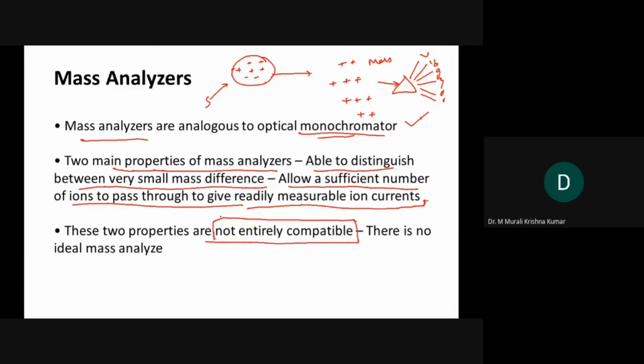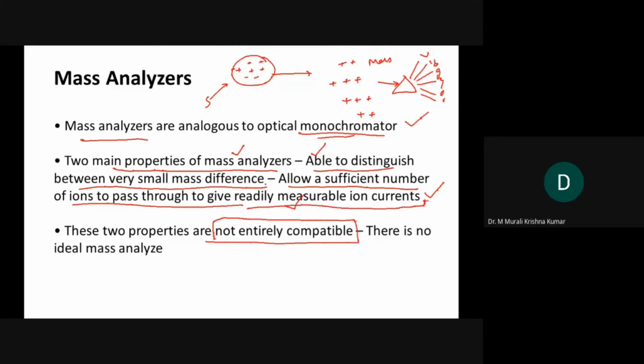So we have different types of analyzer sections. The interesting thing is you don't need accurate mass and quick scanning all the time. Sometimes you may be needing high throughput screening. Sometimes you may be needing very accurate mass. Not always together. Okay, so that's the reason why, depending upon your requirement, you can choose the appropriate analyzer.